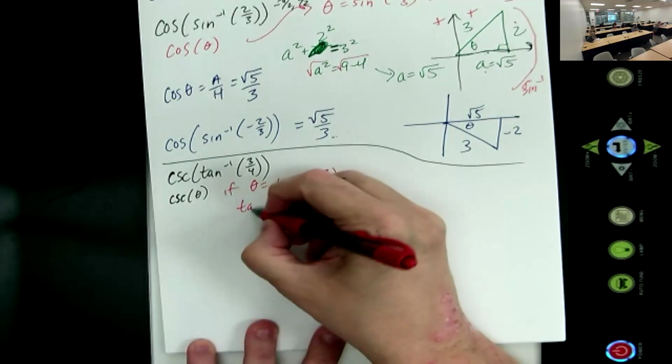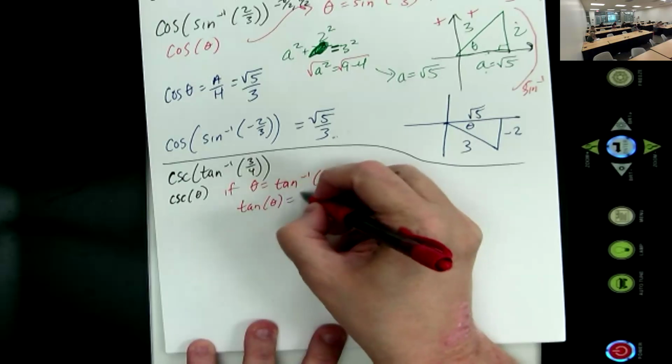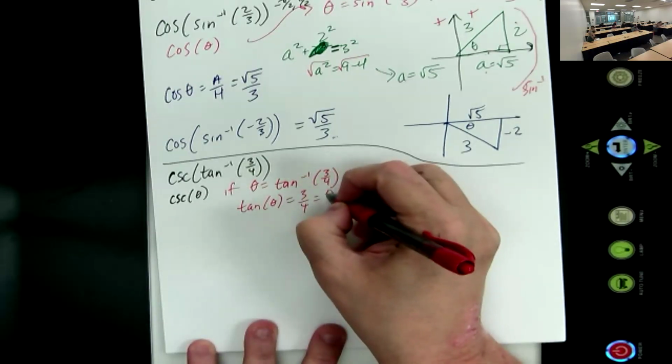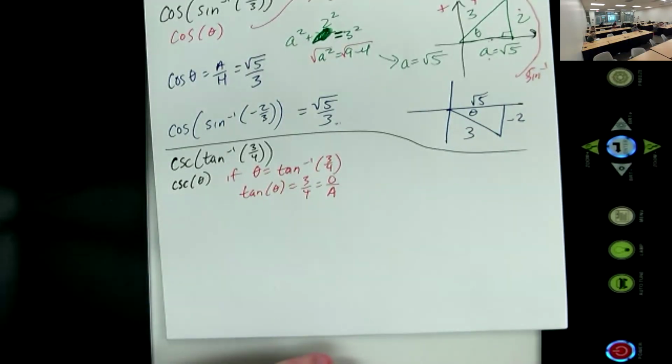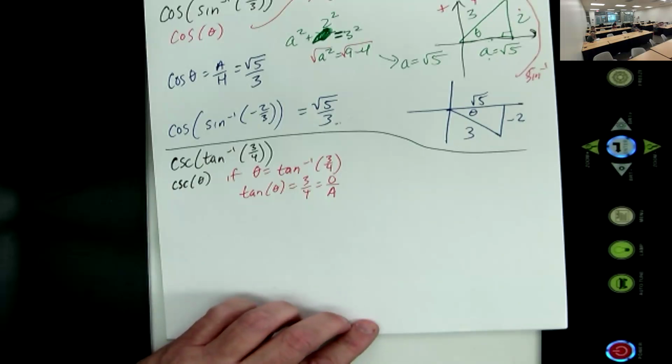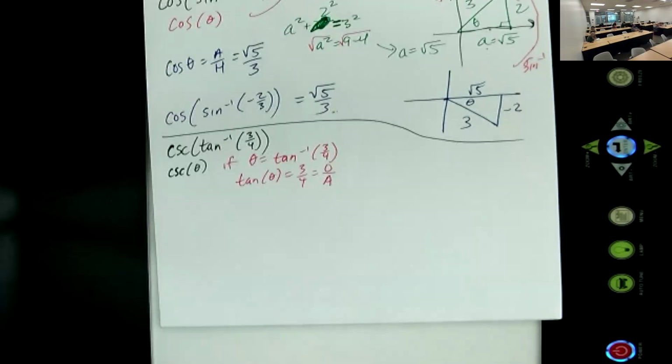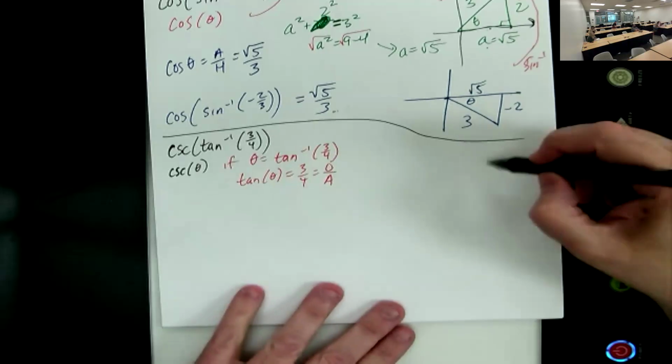Which means tangent theta equals 3/4. And that's opposite over adjacent.